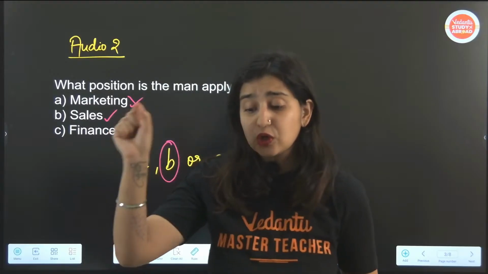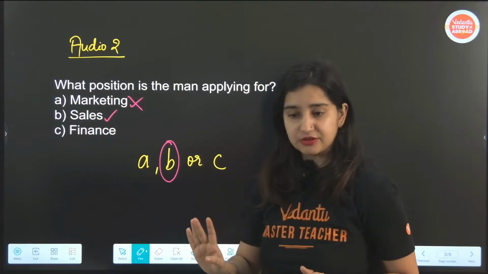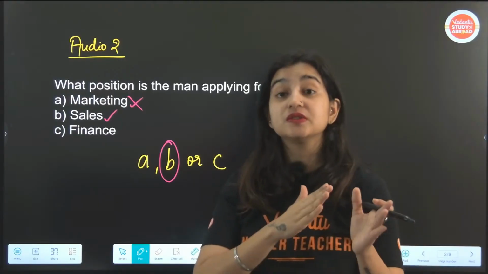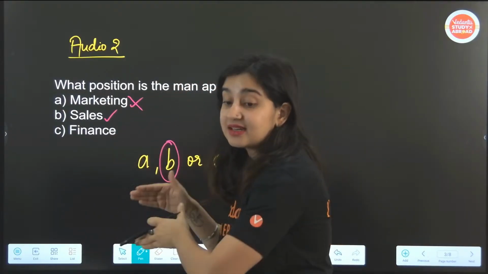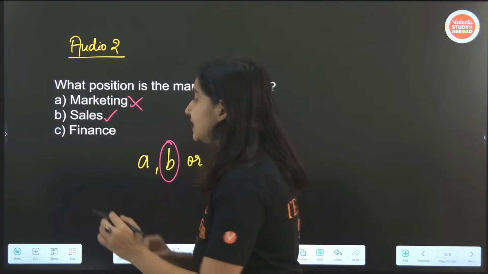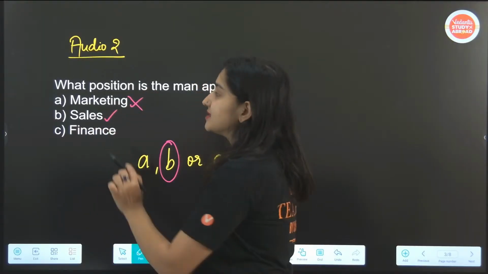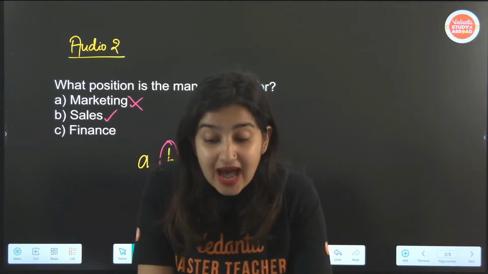You will take on marketing first. All of you must have thought the answer is marketing first, which is the right approach. But then as soon as the candidate says, but I just realized it's a sales role, you need to cross off marketing and say, okay, it's a sales role. All right? You have to do this.